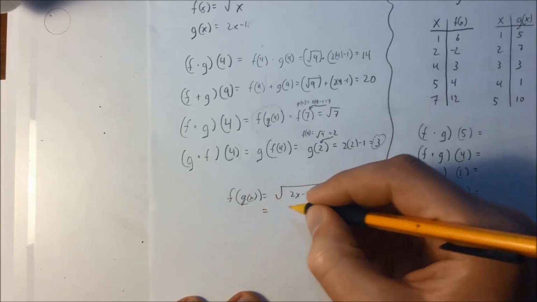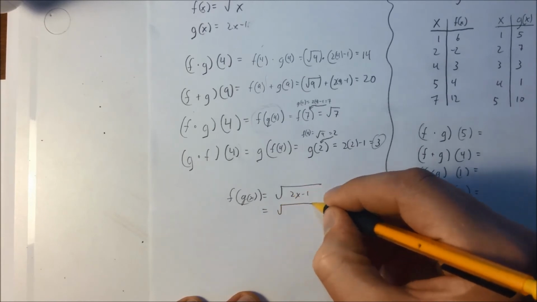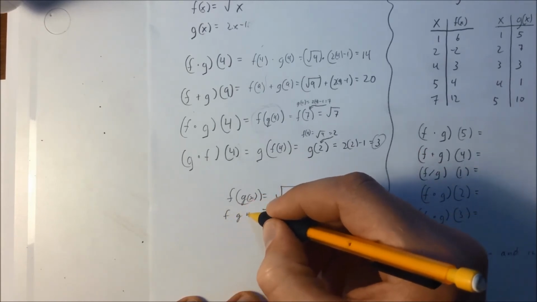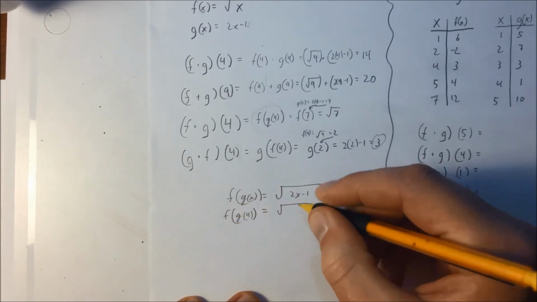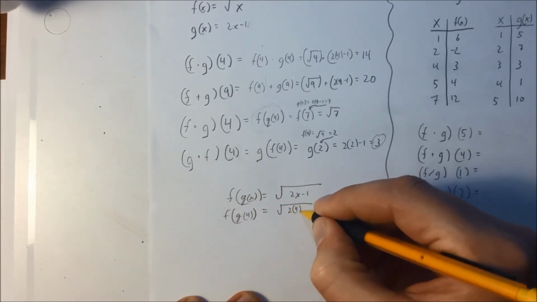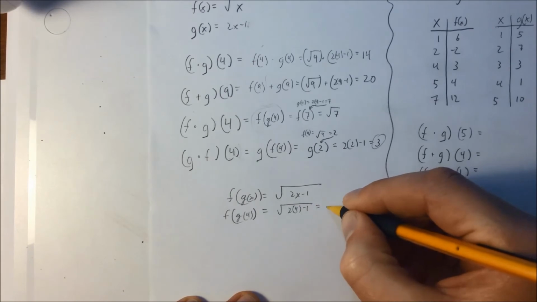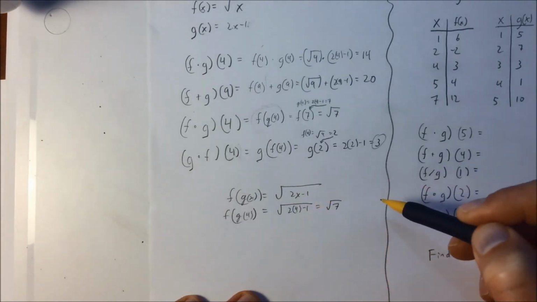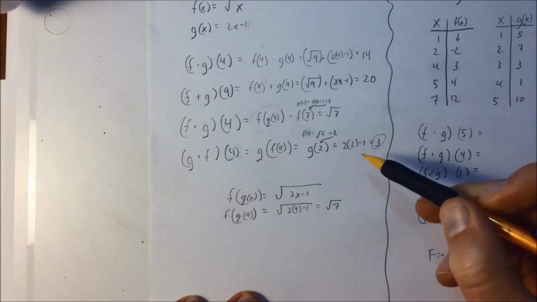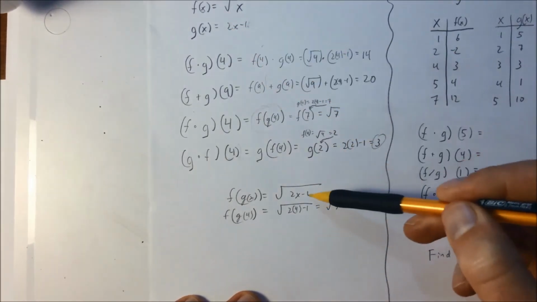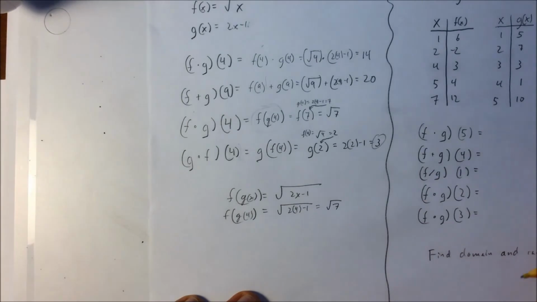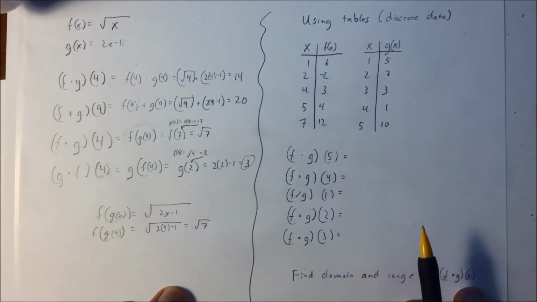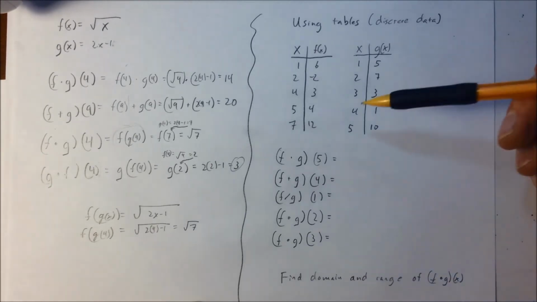So what I really could have done here is the square root of, if I want f of g of 4, 2 times 4 minus 1, which gives me square root of 7. If you find this easier, go ahead and do this. This is also valid. Some people like to do it just step by step. Some people want to do it all at once. It's up to you. Next way this can happen is in the form of tables.